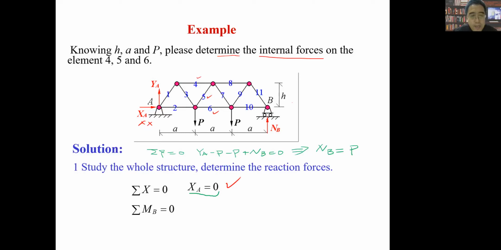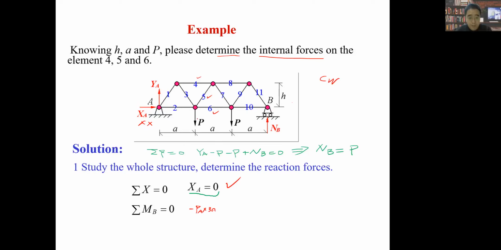And for this YA, please consider its direction as upward. So it will have a CW direction moment about this point B. So we'll have minus YA times the whole length from point B to the action line of YA, so that will be times 3 times a.